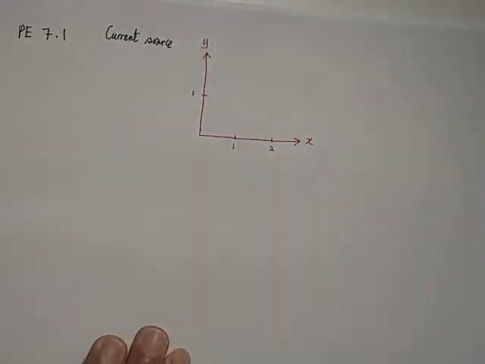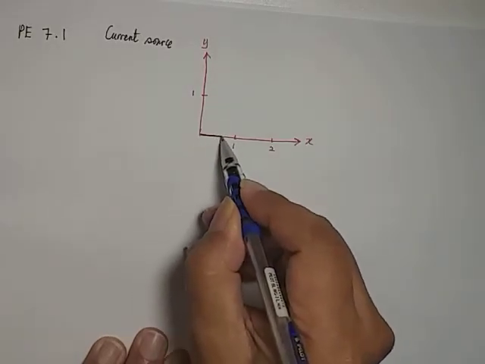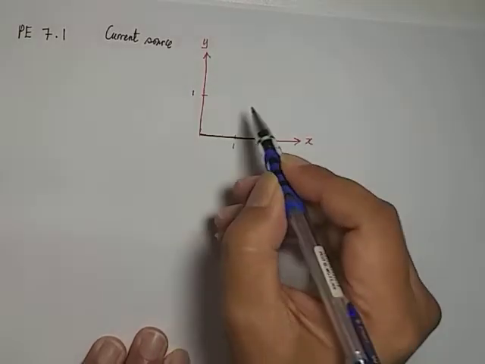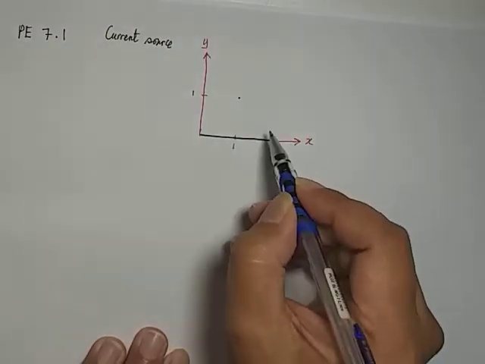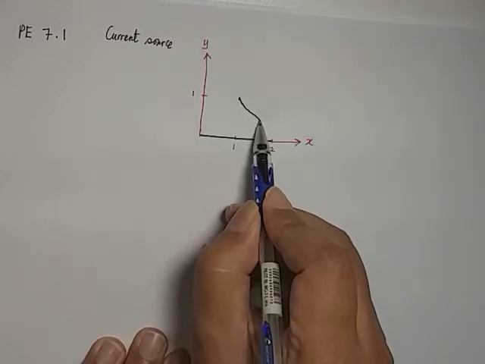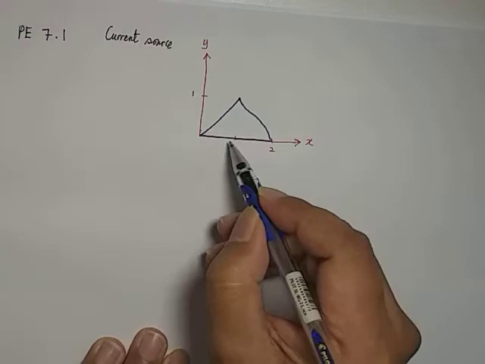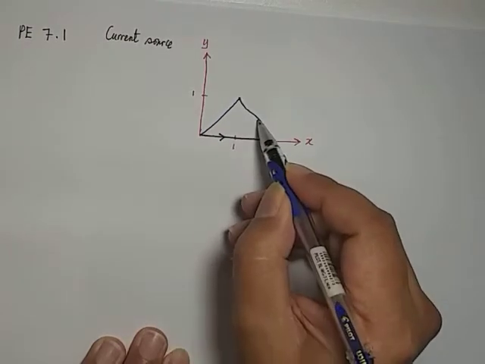The current flows in a triangle, starting from 0, 0, moving to 2, 0, then going to 1, 1, and then ending back at 0.